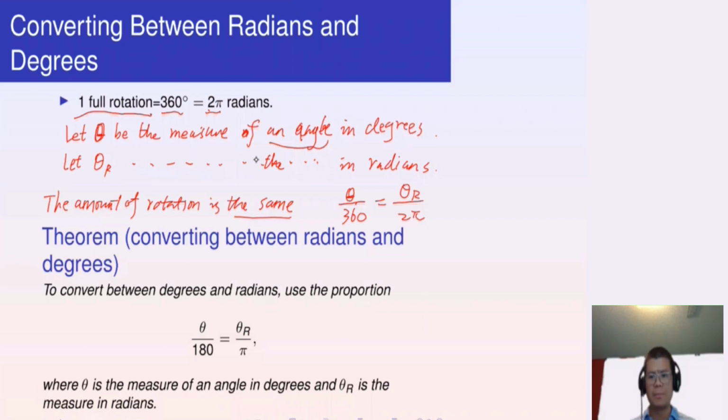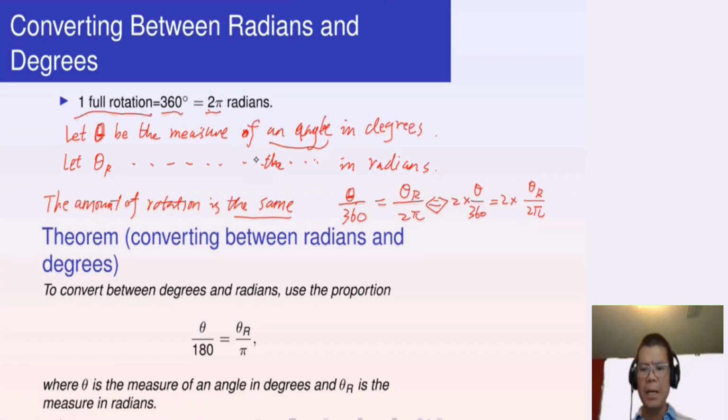Does that make sense? All right. Then if we multiply 2 on both sides of this equation, see what we get. 2 times theta over 360 equals 2 times theta r over 2 pi.